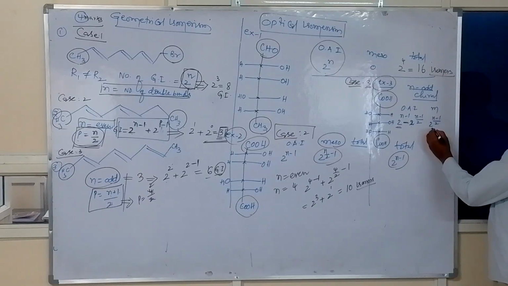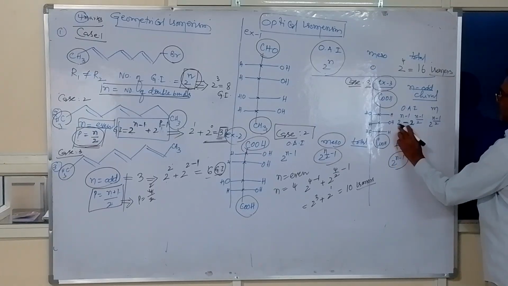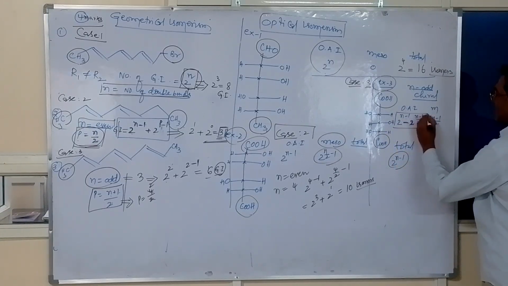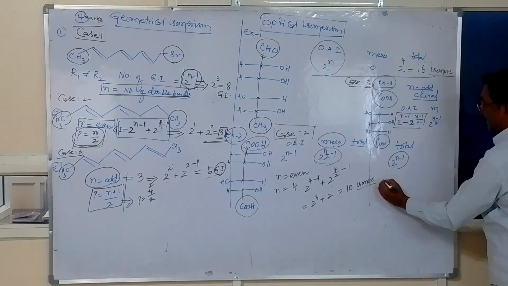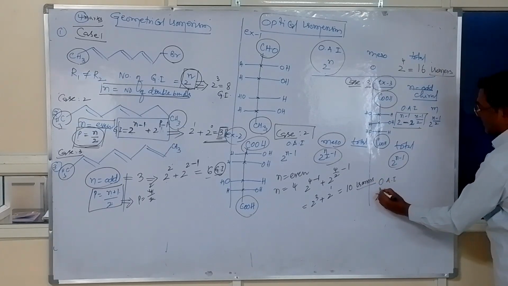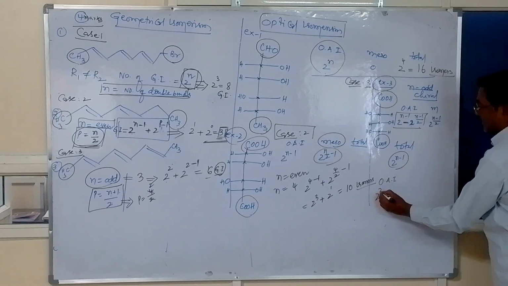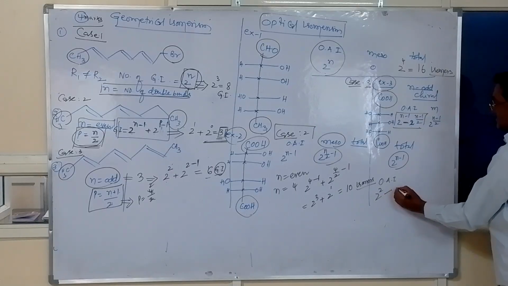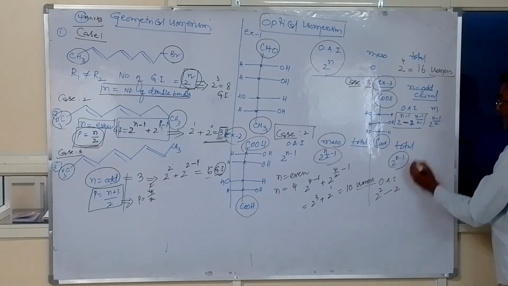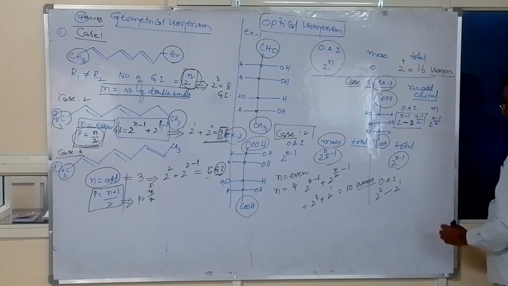For instance, children, let us do it by taking the formula itself. How many are there here? Optically active isomers are 2 to the power 3 minus 1, that is 2 to the power 2, minus 2 to the power 3 minus 1 by 2, that is 2 to the power 1.